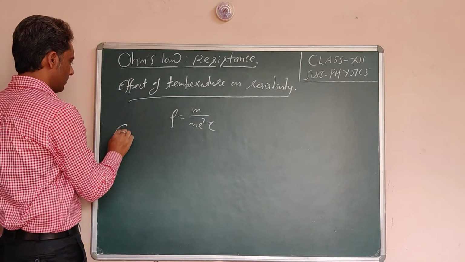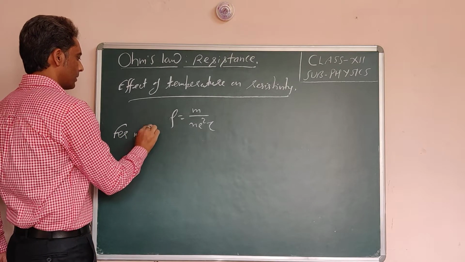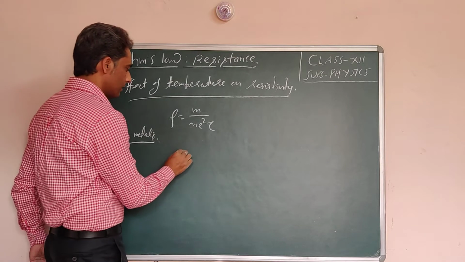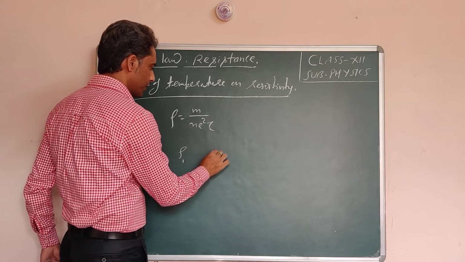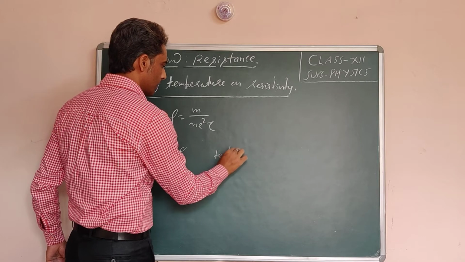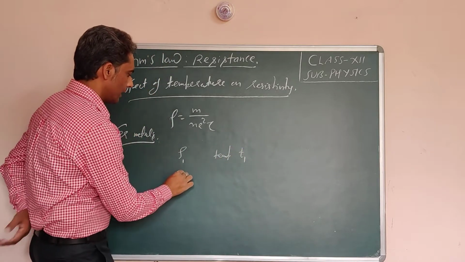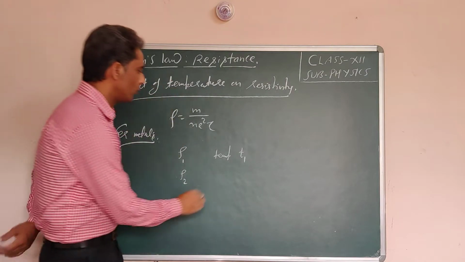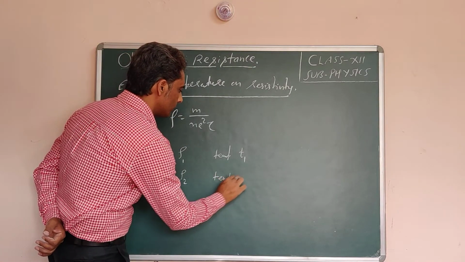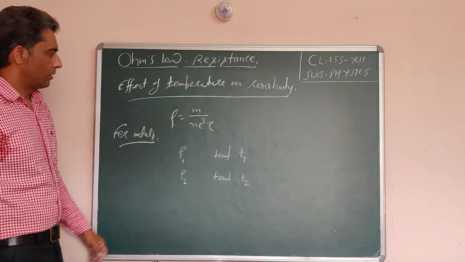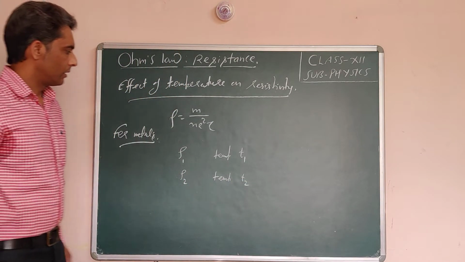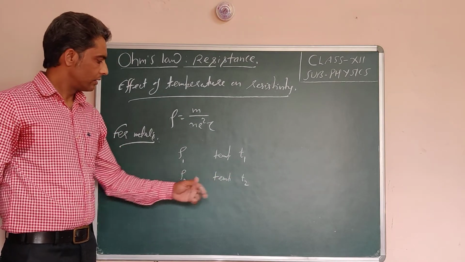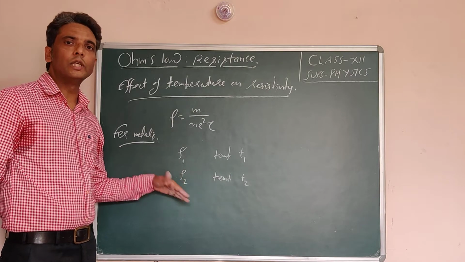For metals or conductors, if ρ1 be the resistivity at temperature T1, and let ρ2 be the resistivity when temperature is increased to T2, then ρ2 is greater than ρ1, which means as we increase the temperature, the resistivity also increases.